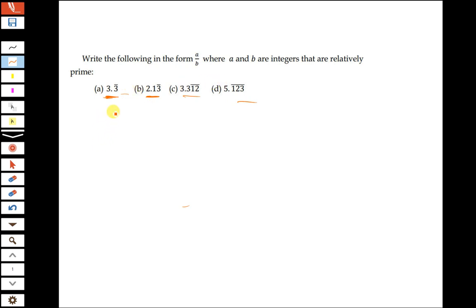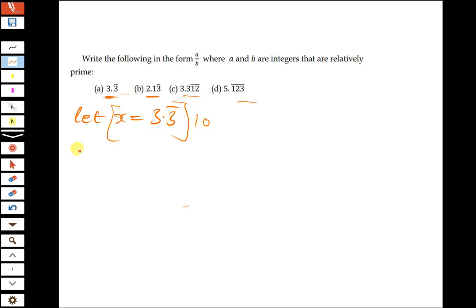So we have 3.3 bar. Okay, I'm not going to solve. Anyway, let me just solve it for the sake of revision. So we say let x be equal to 3.3 bar. We move this point to cover the repeating number, which is just the same as multiplying by 10 since the repeating number is 1 there.